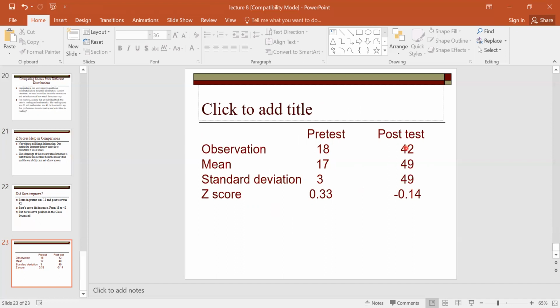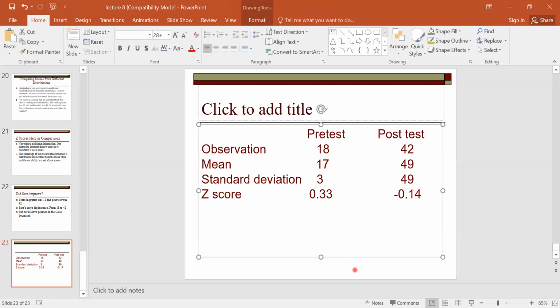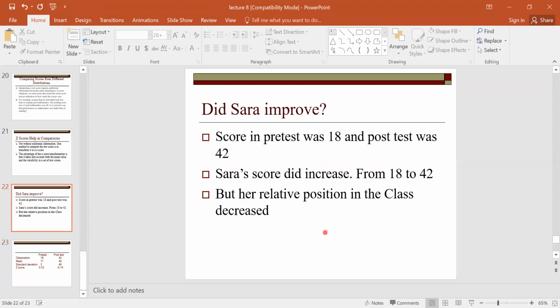But in the post-test, the maximum of the class scores well, but Sarah is not at the average. In the pre-test Sarah is at the average, so she performs better as compared to the post-test. So her marks increased, but her position in the class did not improve.